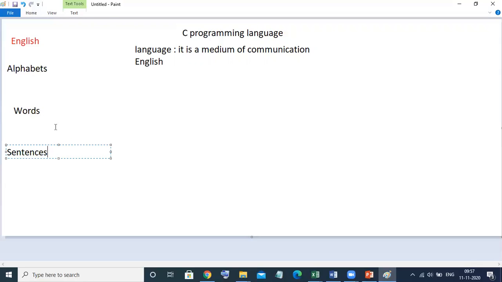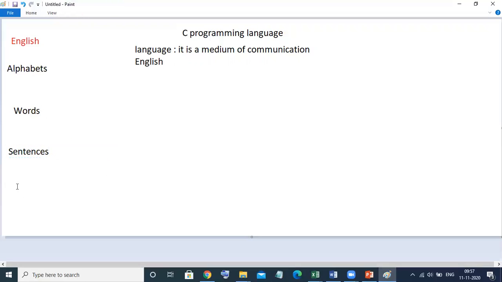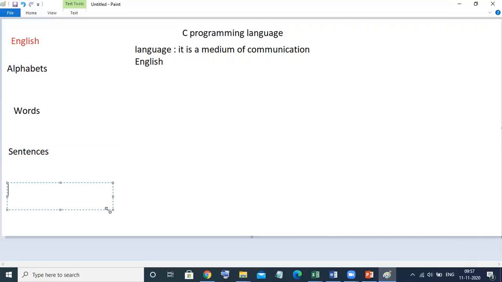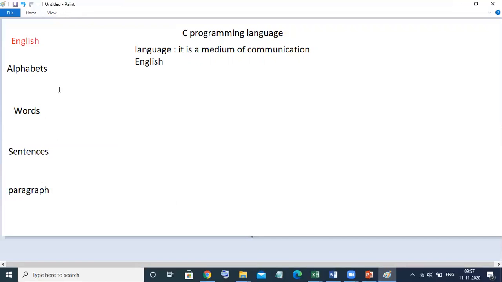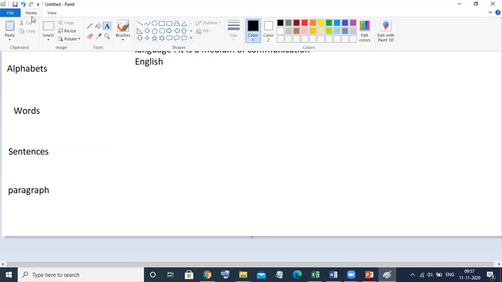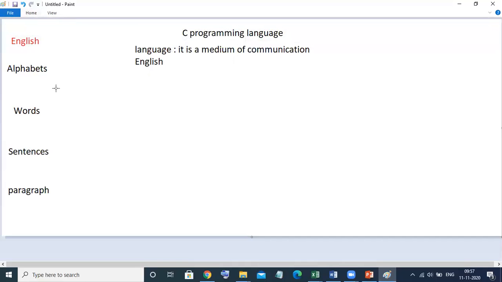Once we have made the words, we write down some sentences. And the moment you write a few sentences, you are able to write one paragraph. That means I will understand that you know the English language, because you only write a paragraph when you know the basics. Then only you will write the remaining things.